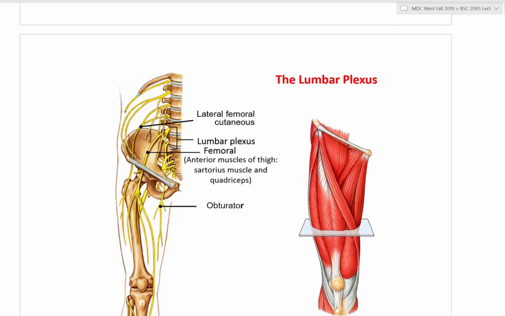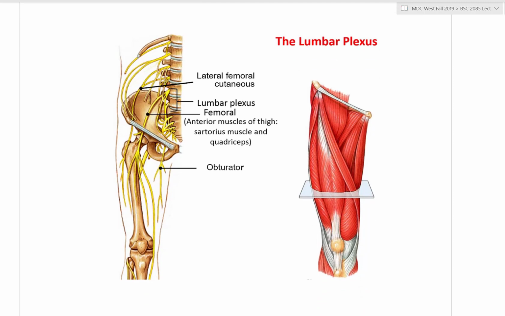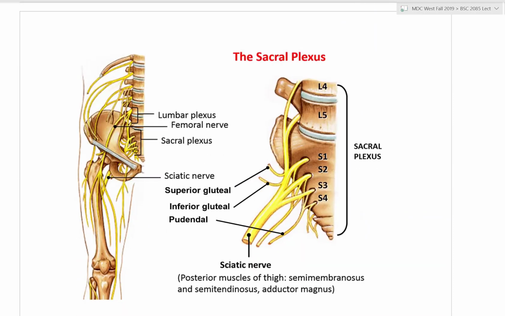And then we have your sacral plexus. So the sacral plexus is from L4 to S4. Now, the sacral plexus mostly gives you what? Superior gluteal nerve, inferior gluteal nerve, right? Just parts of the glutes, right?